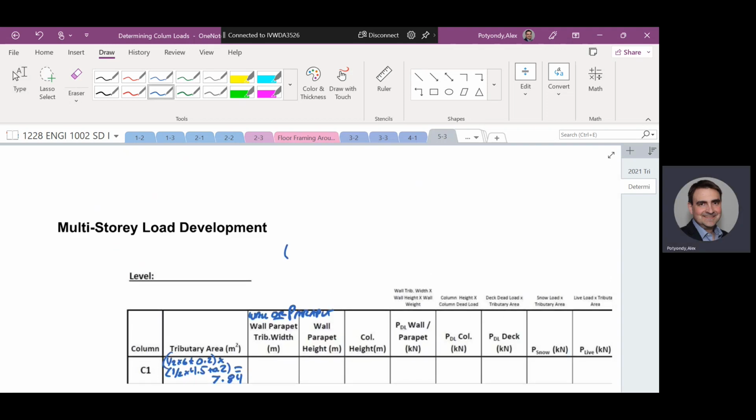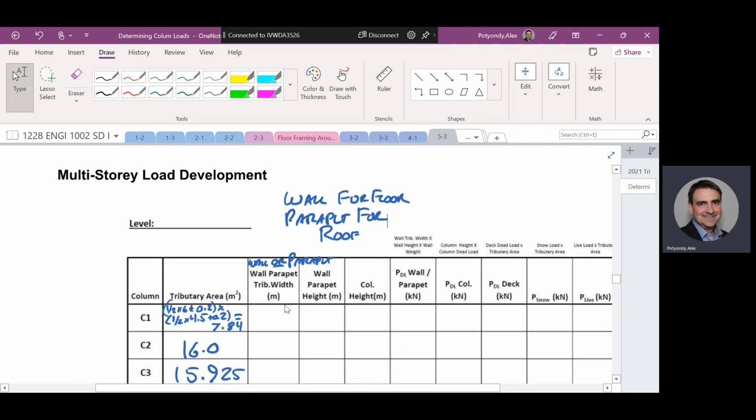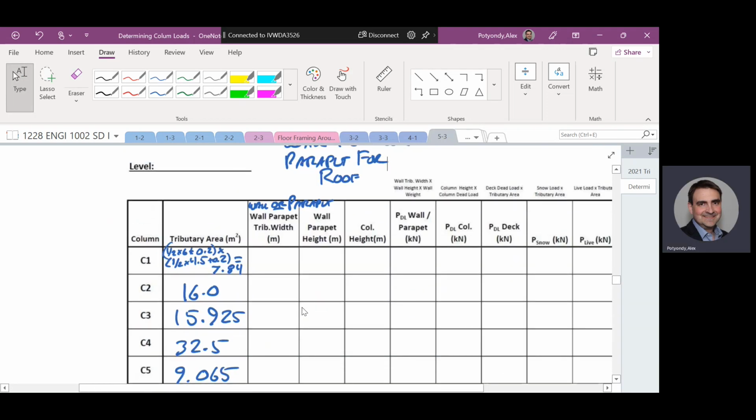Well, it's a wall for floors, and it's a parapet for the roof. What I want to do is identify which level I am doing this for. Well, I build buildings from the ground up. I design them from the roof down. So this is the roof level.